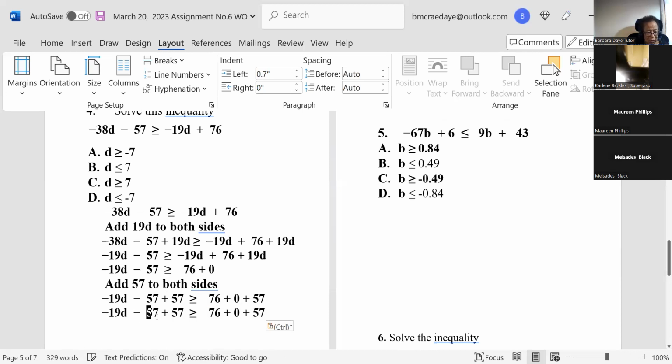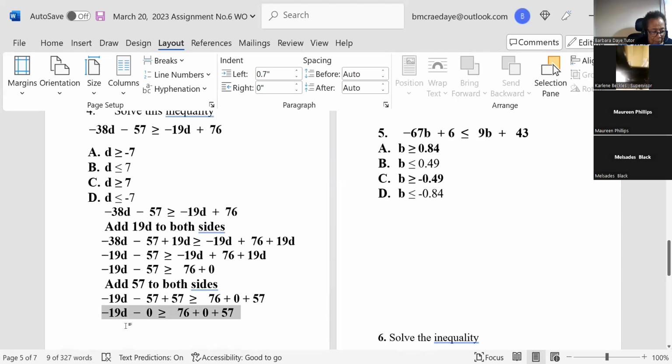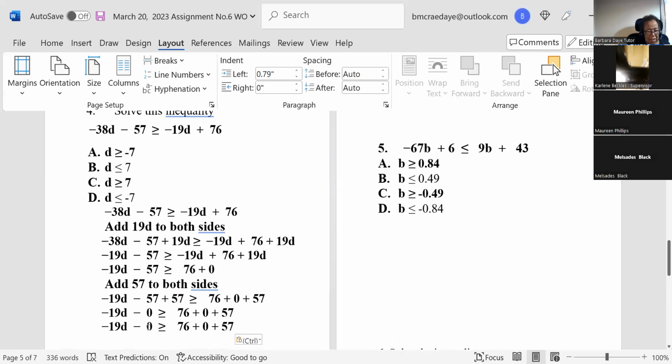So let's just put 0 here, okay? Anytime you add a minus and a plus of the same expression, you get 0. So now on the left side, I just have 19D left, right? So let's just put that there. So that's just 19D, and we can take out the 0. We don't need it because that adds up to just 19D.